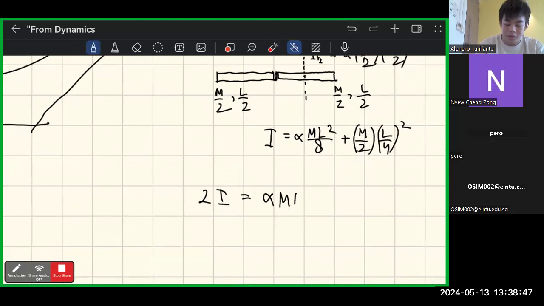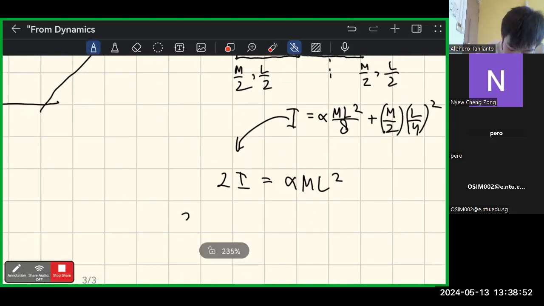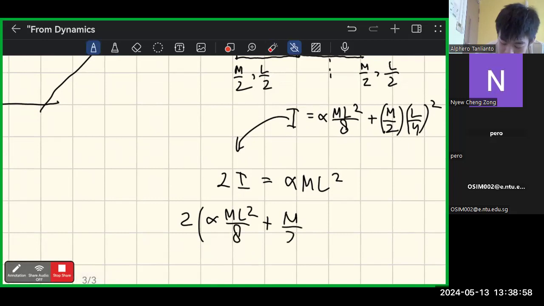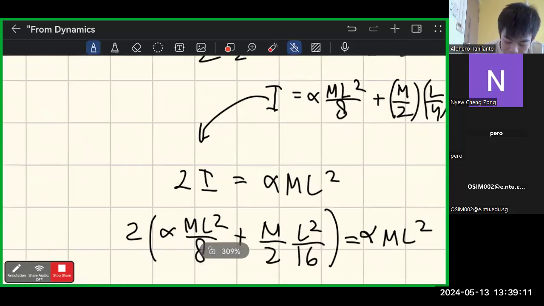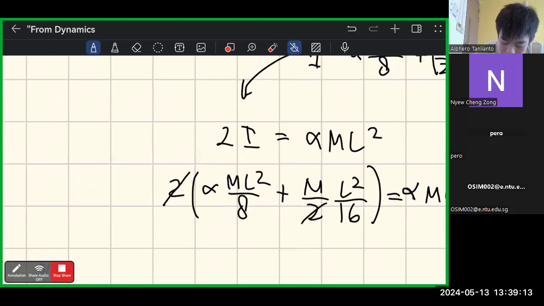Alpha m L squared. So if we plug in this value: 2 times alpha m L squared over 8 plus m over 2 times L squared over 4, so it's L over 4 squared, which is L squared over 16, equals alpha m L squared. So you can cancel this out.